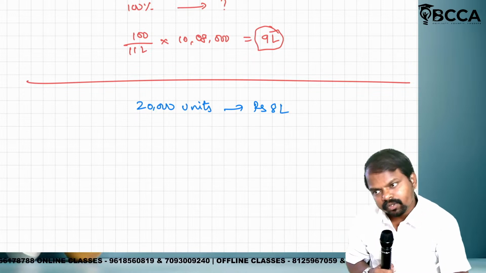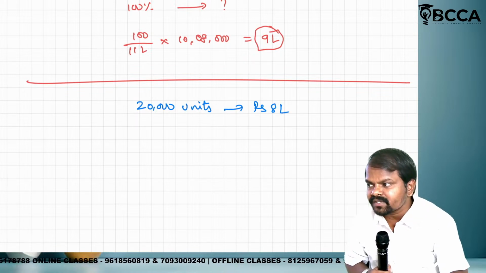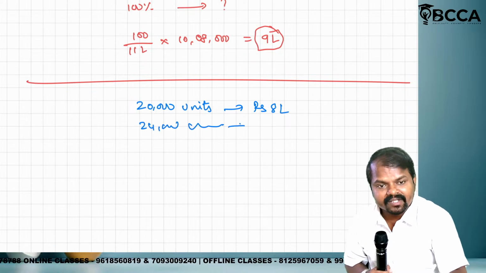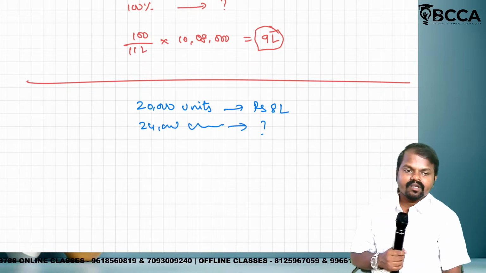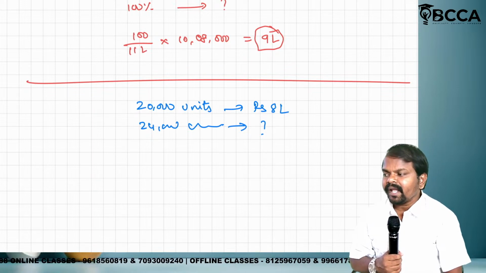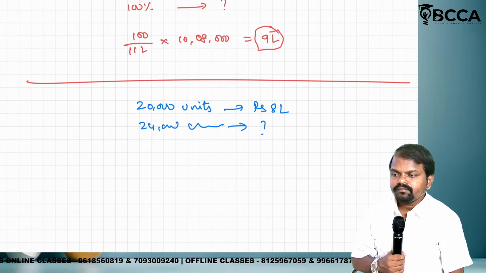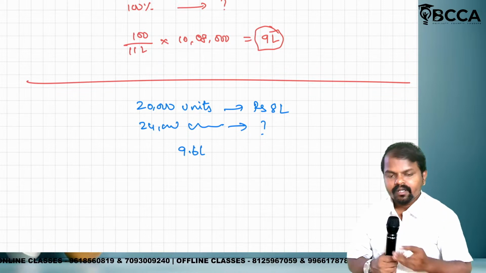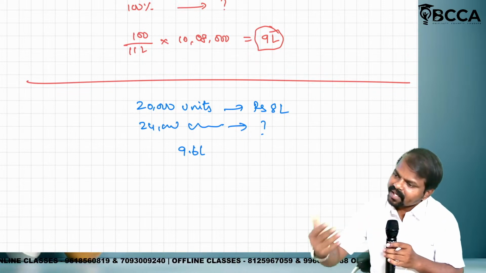In next year, 24,000 units we are going to be manufactured. Then how much? 24,000 divided by 20,000 into 8 lakh. 9 lakh? Actually, 9 lakh 60 is the labor.